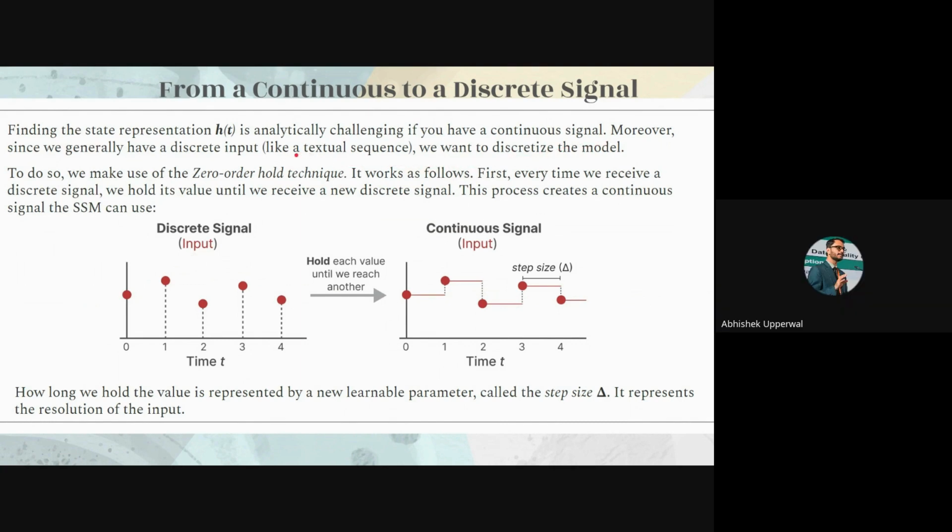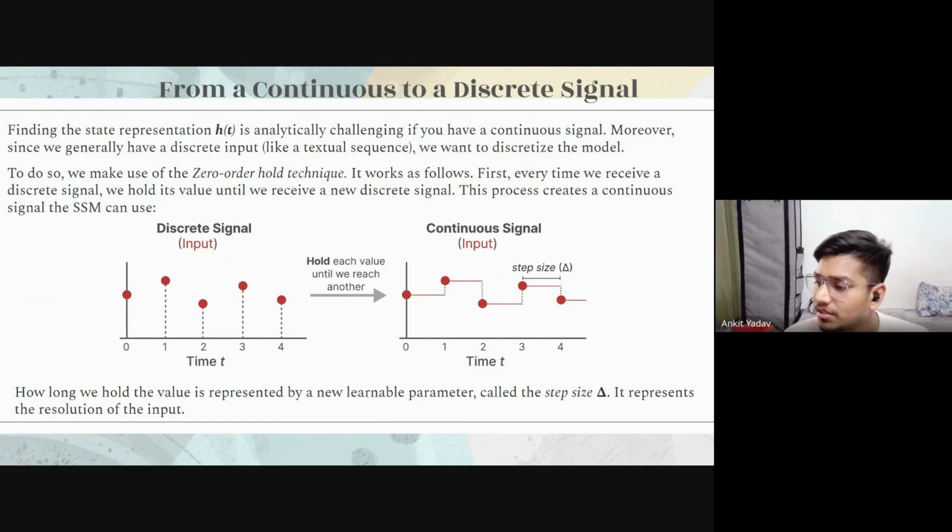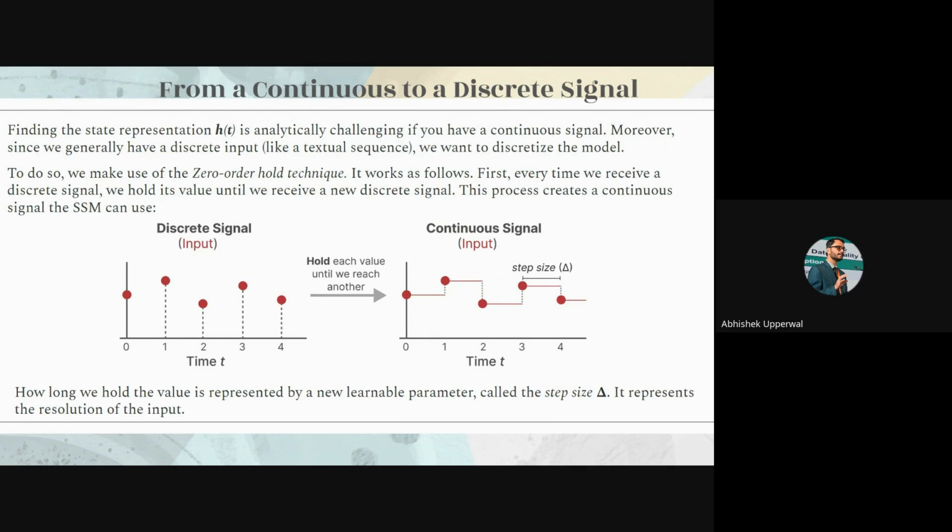I'll tell you what I have understood, especially because state space models are coming from the continuous domain. For signals which are continuous, for example audio, we definitely have to go through this step of discretizing the audio signals, chunking them, and then ultimately showing them to the model. But I think text itself is already discretized when we create tokens out of it, because tokens are in the discrete space, not in the continuous space.